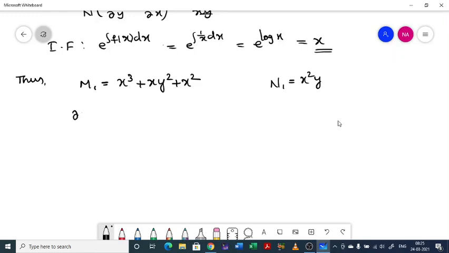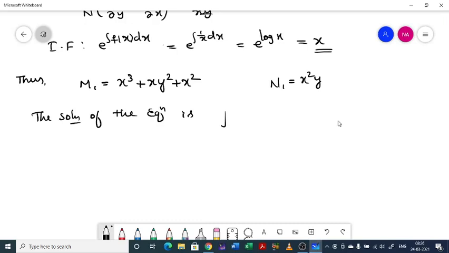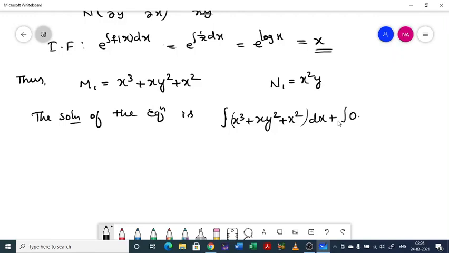So ∂M1/∂y, I mean, it is not necessary. The solution of the equation is integral M1 into dx, that is x cube plus xy square plus x square into dx, plus integral, this will be 0 because x is multiplied, right?